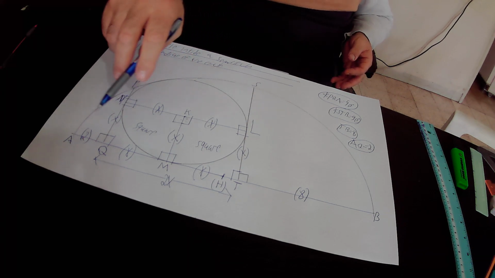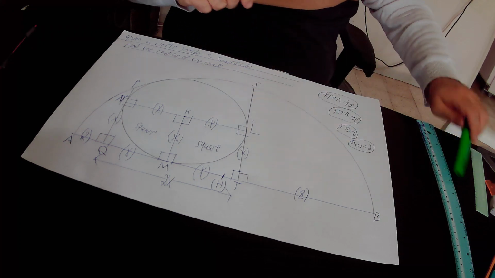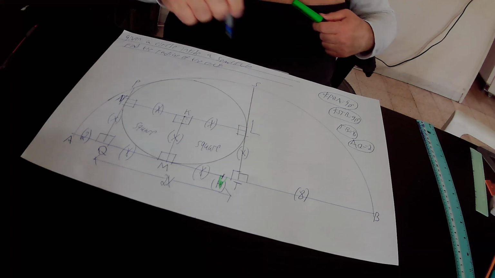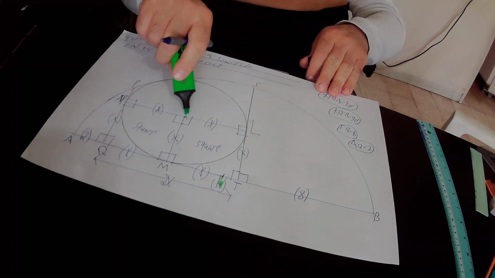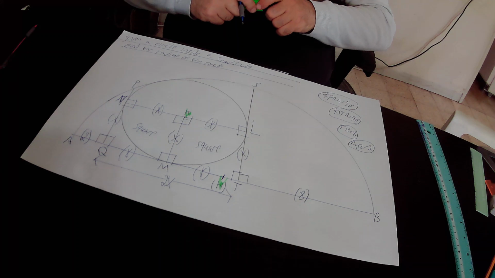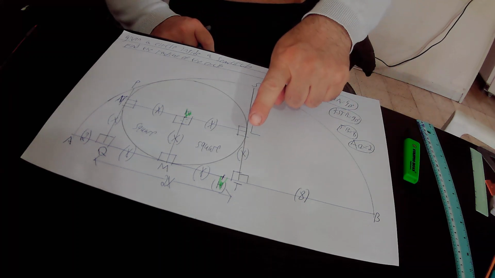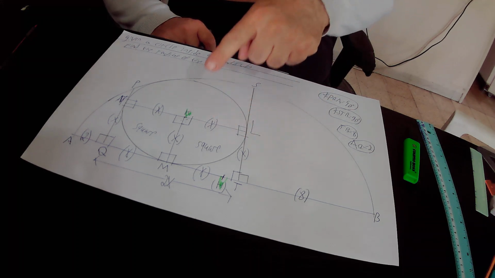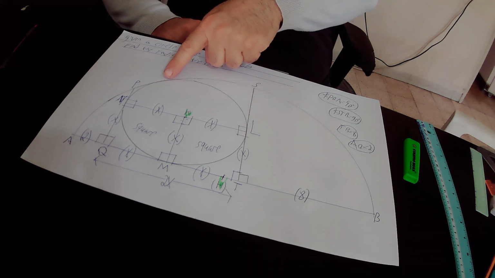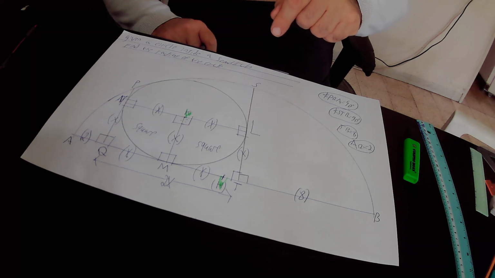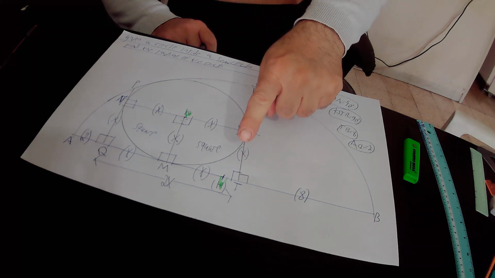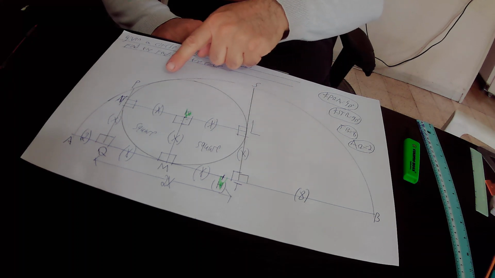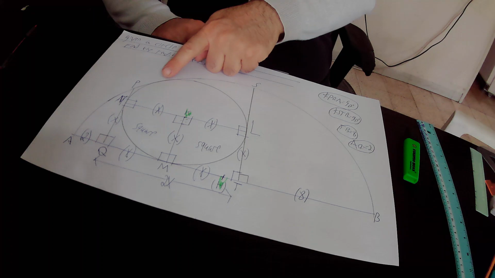The center of the big semicircle is at point H, and the center of this small circle is at point K. And the straight line that connects the centers together is, of course, the straight line HK. And according to rule 9, the straight line HK must pass through this point, that is their touching point. So I connect points H and K together by a straight line, and according to rule 9, the straight line HK must pass through their touching point.